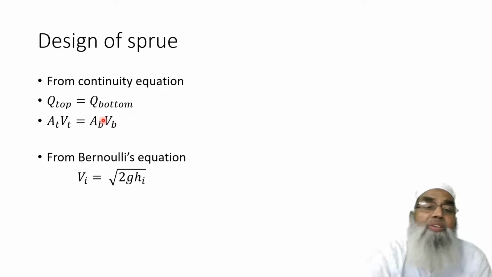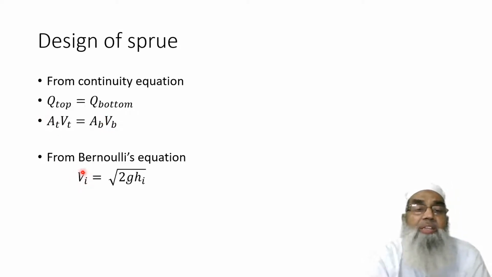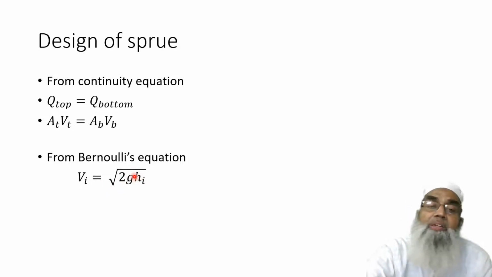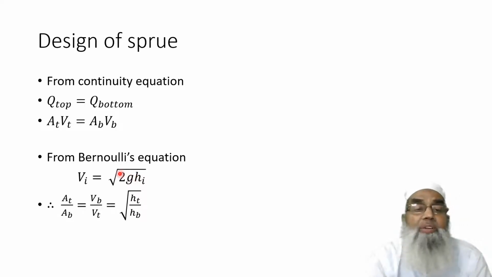From Bernoulli's equation we have already seen that the velocity depends upon the depth of the location from the top, and therefore we can find out the velocity at a particular depth in the sprue, and the area at the top and bottom can be related.